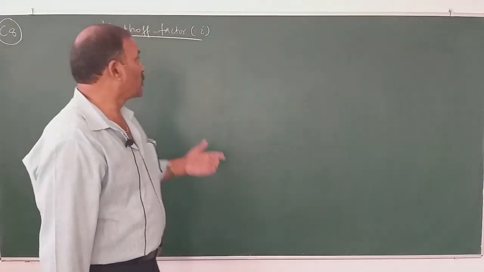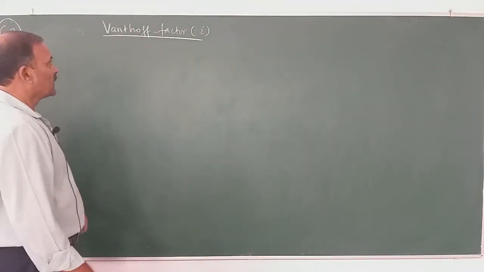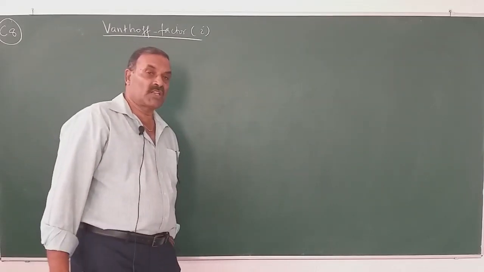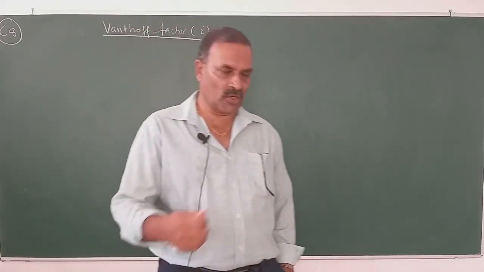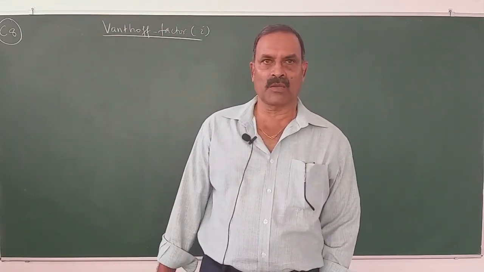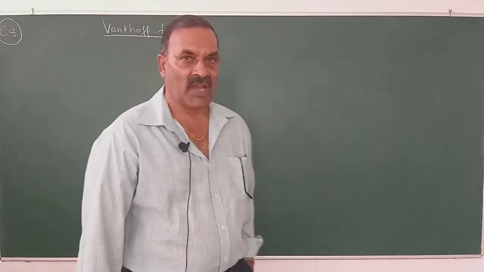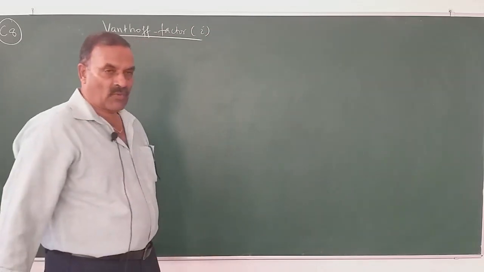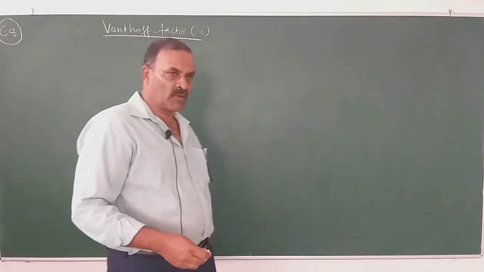Next, to account for the extent of association or dissociation of solute in the solvent, the scientist Van 't Hoff introduced a term known as the Van 't Hoff factor. In Van 't Hoff factor, many questions will be asked.